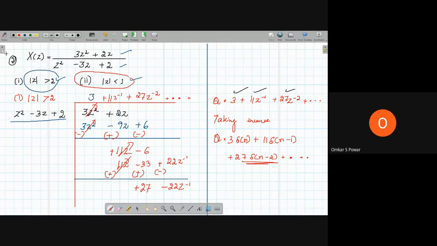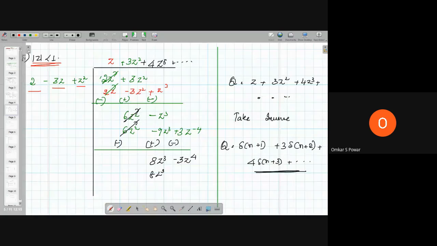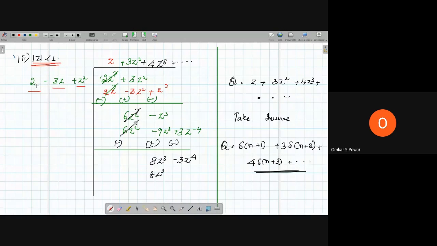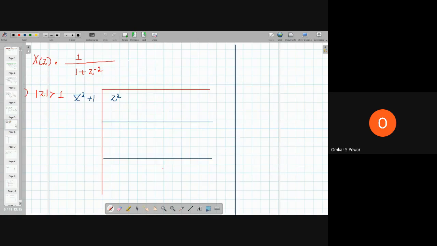And for the second condition, mod z lesser than 1, what we have to do? We have to write it in a different manner, just like 2 minus 3z plus z square, and it is 2z plus 3z square. Take the first three quotient and get them inverse easily. Okay, so all the problems are based on the same funda.